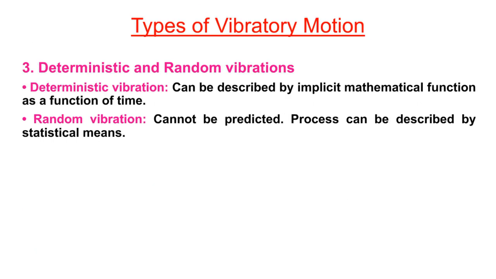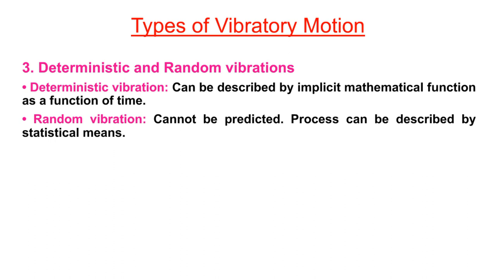Next, deterministic and random vibration. Deterministic vibration can be described by explicit mathematical functions as a function of time. These are deterministic. That means we can find the magnitude of these vibrations. But in case of random vibrations, they cannot be predicted.